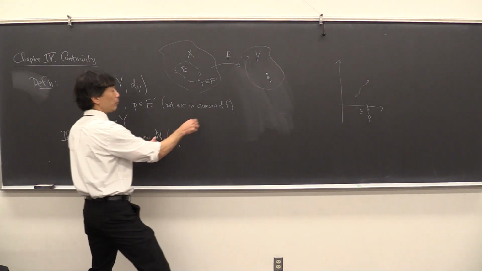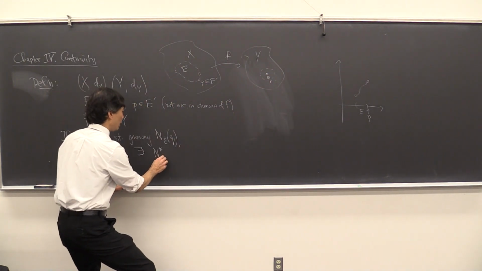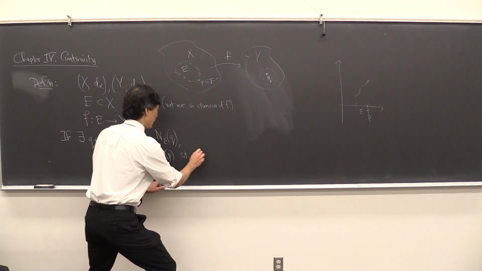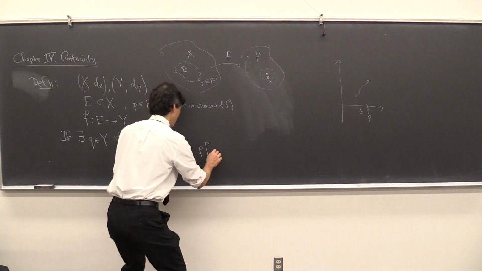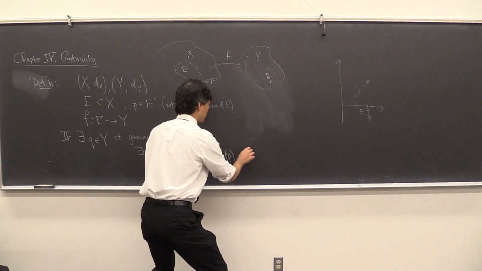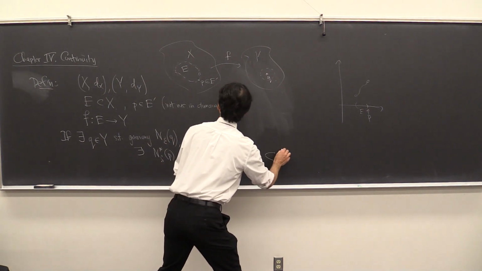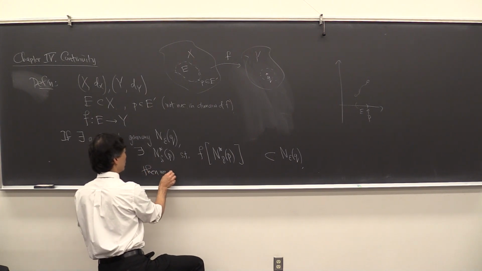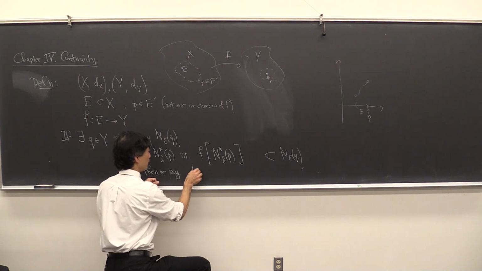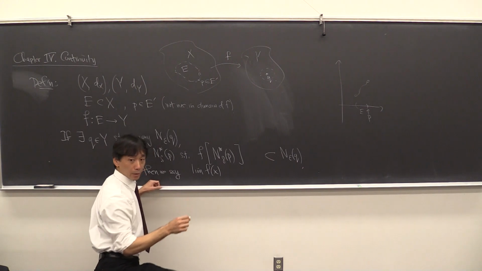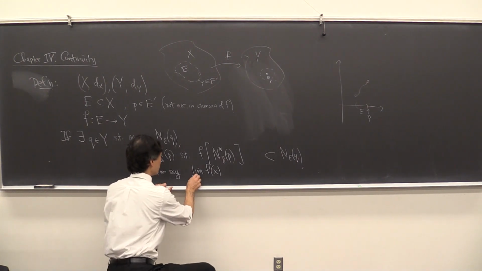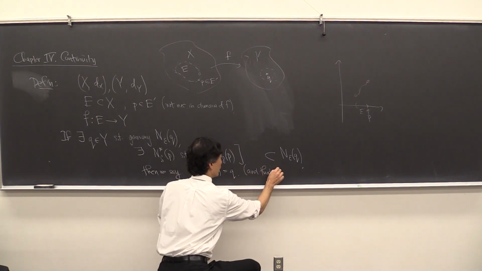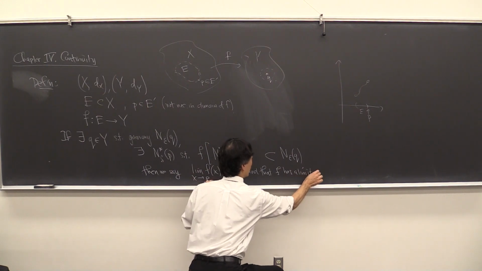So given any epsilon neighborhood around Q, there's a corresponding punctured neighborhood around P such that f of that neighborhood lies inside the epsilon neighborhood, then we say that the limit of f(x) as x approaches p is q, and that f has a limit at p.